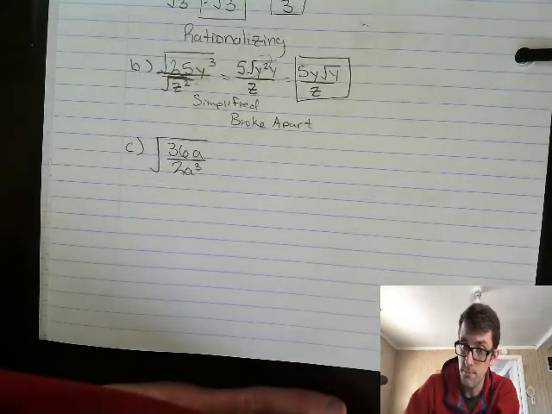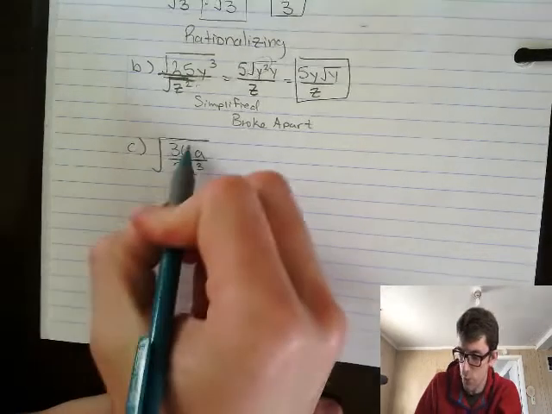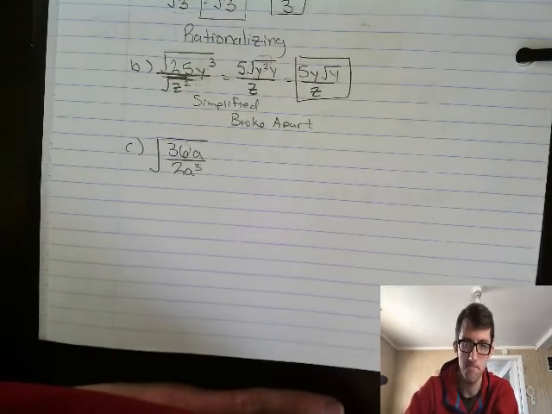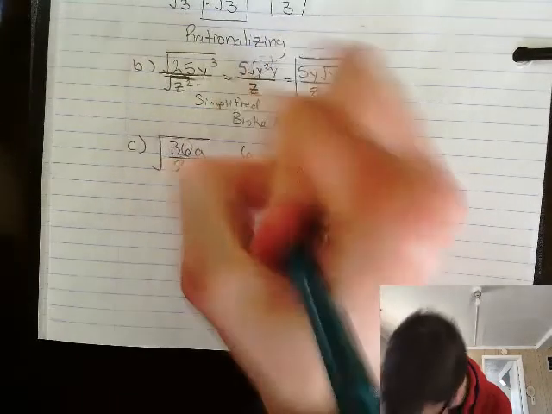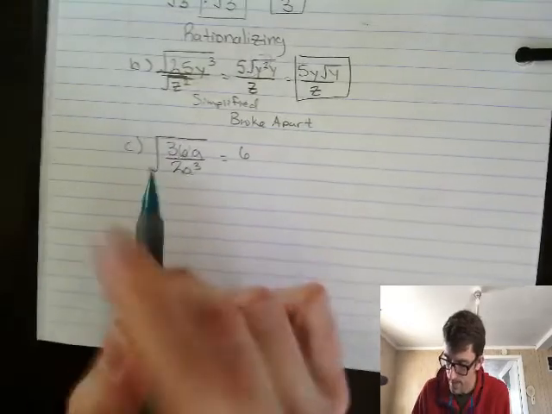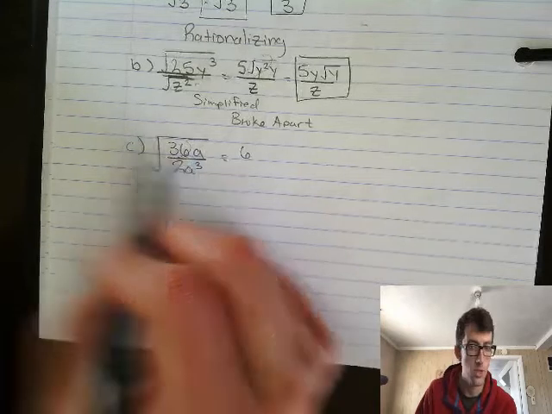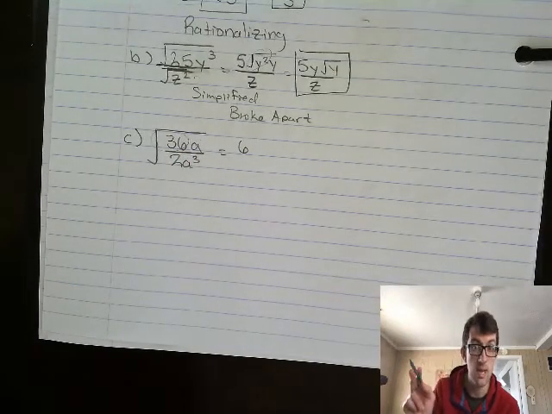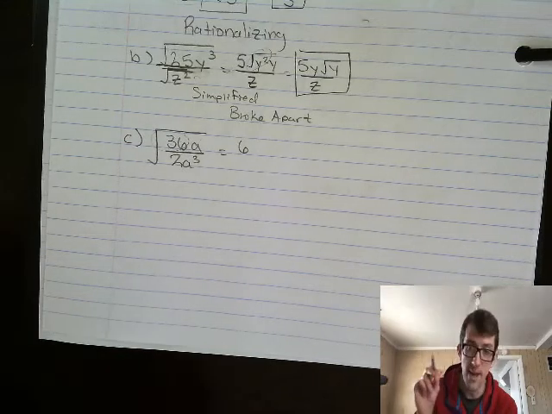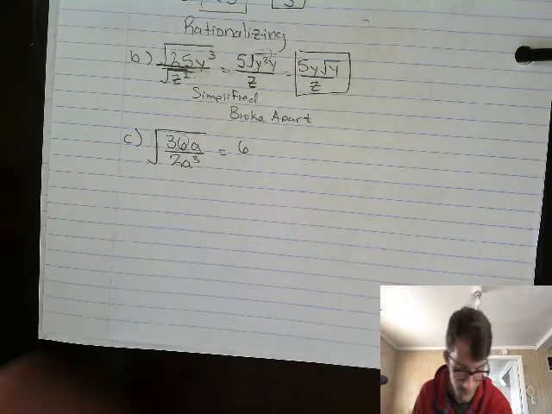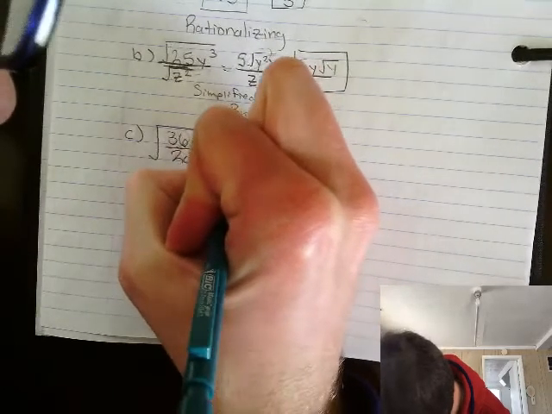So we can do some simplifying first. The first thing we can do is take the square root of 36. Okay? So the square root of 36 is 6, right? Now, a divided by a cubed, using our exponent properties, when we divide, we subtract the exponents. So 1 minus 3 is going to give us 2 on the bottom.